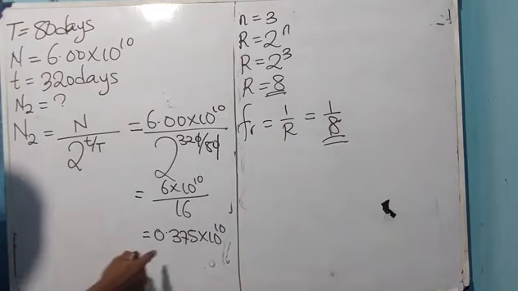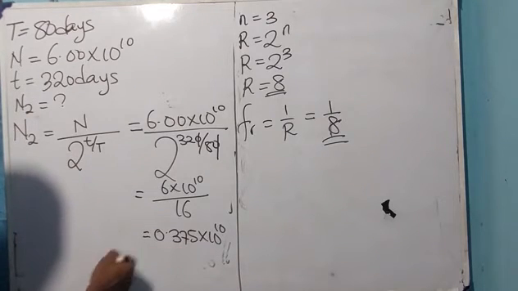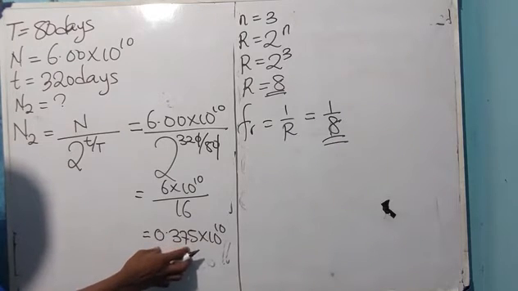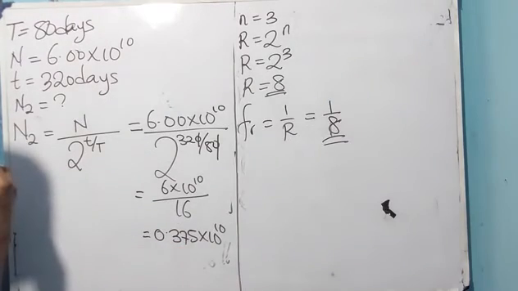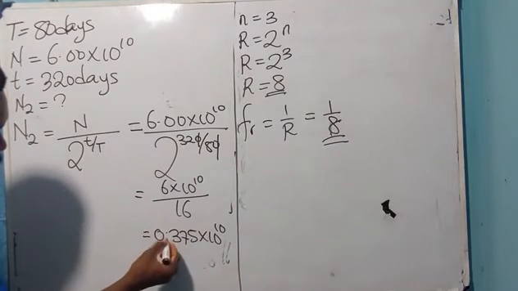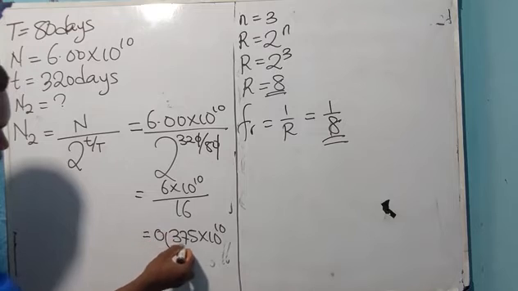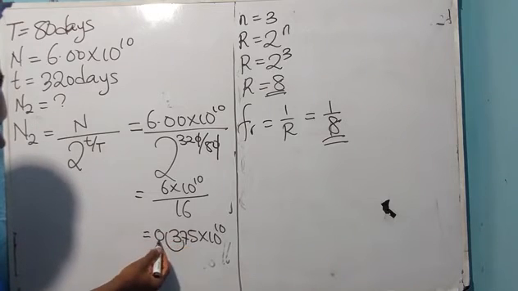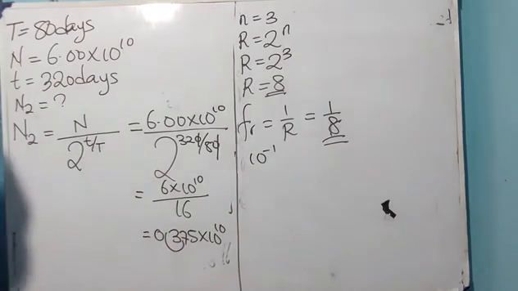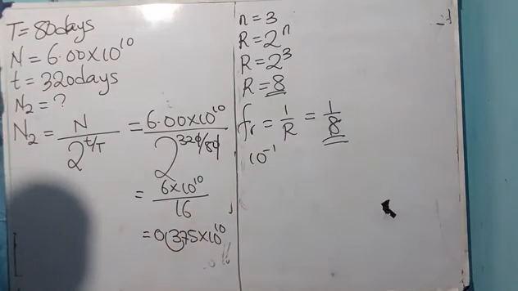Let us express this in standard form. We are going to take our point once. Since we have 10, it's going to be 10 raised by minus 1.